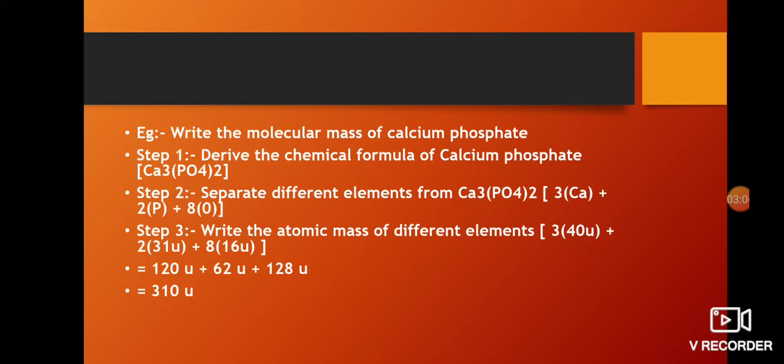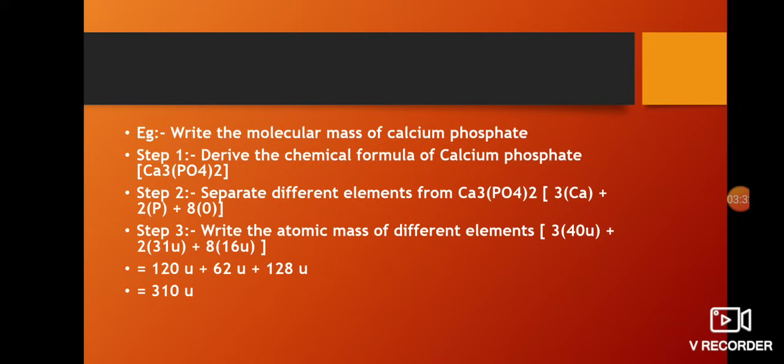Now second step, we have got the formula. Now we have to separate different atoms from this chemical formula, that is Ca3(PO4)2. What are the atoms? Ca is calcium, P is phosphorus, and O is oxygen.